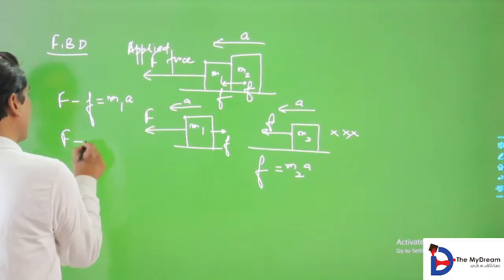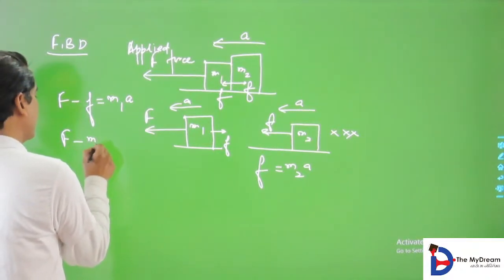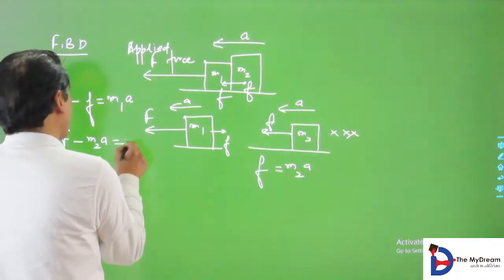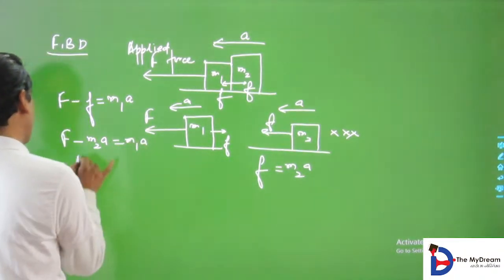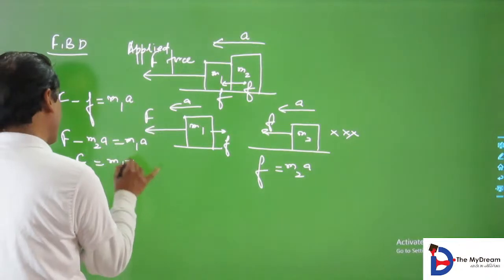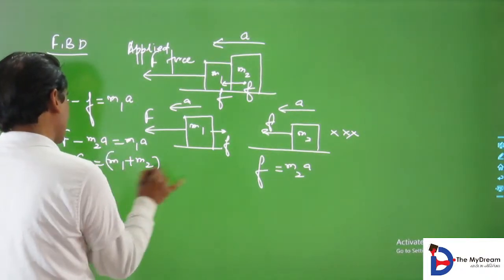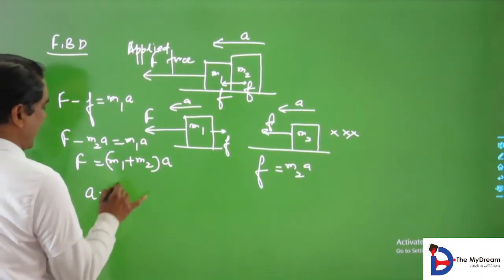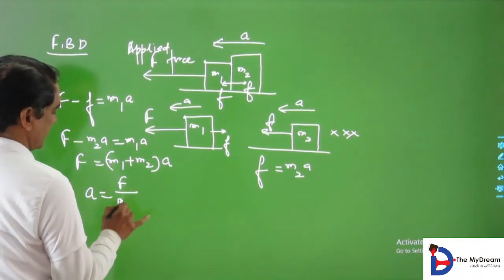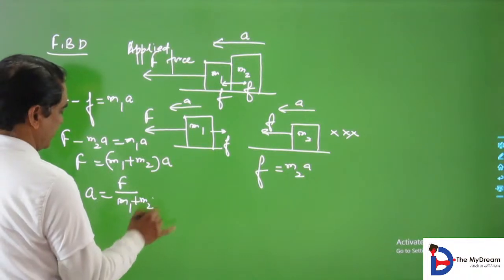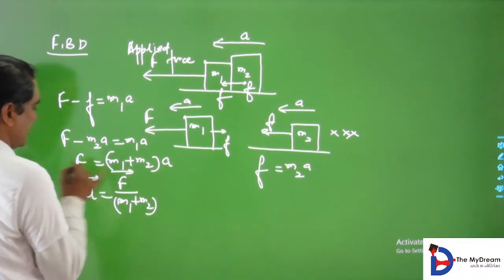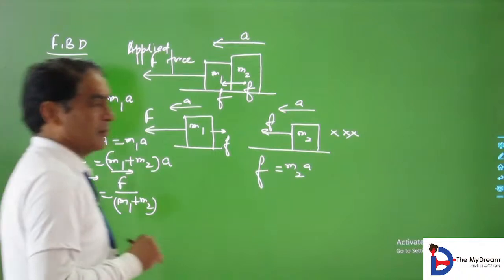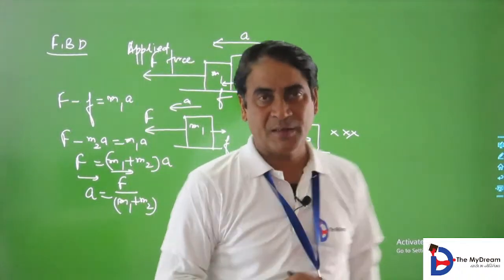Now you can write down M into A. M1A, F is equal to M1 plus M2 into A. So A is equal to F upon M1 plus M2. This is the acceleration possessed by that system.